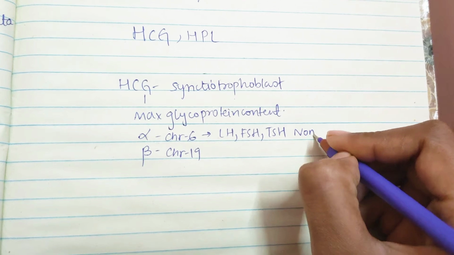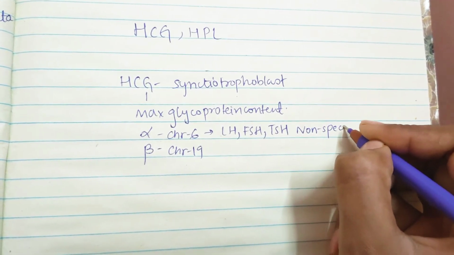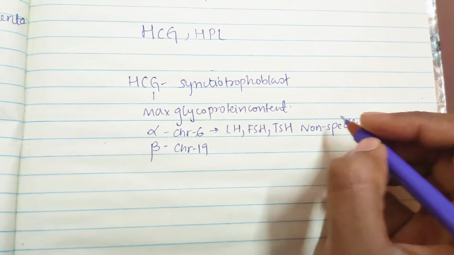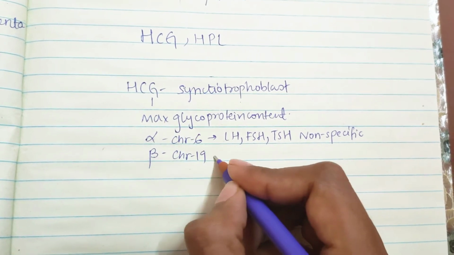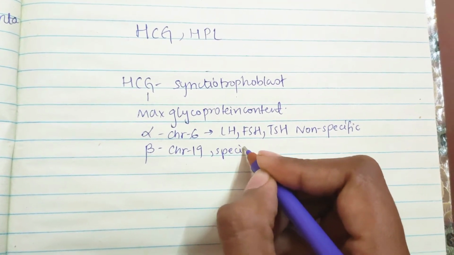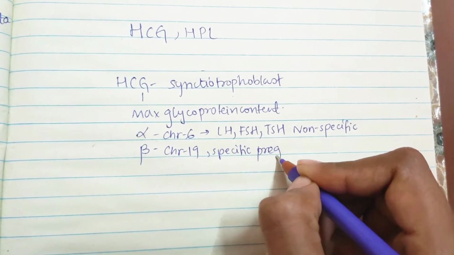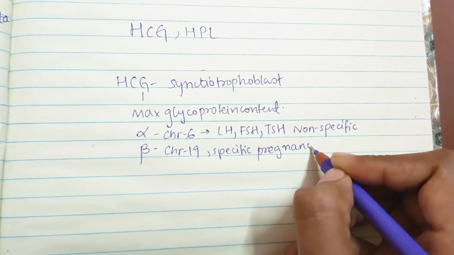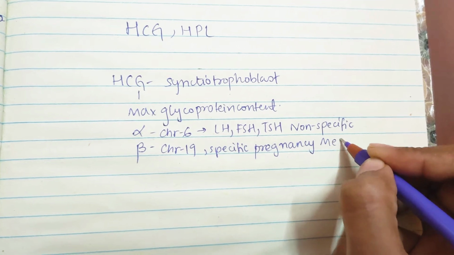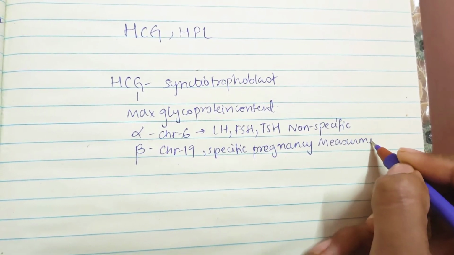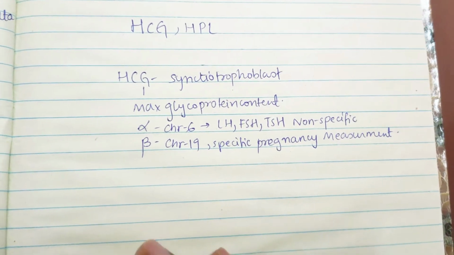But the beta type of HCG is specific for pregnancy measurement. So that is a feature of beta HCG.